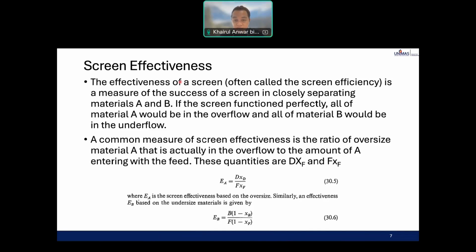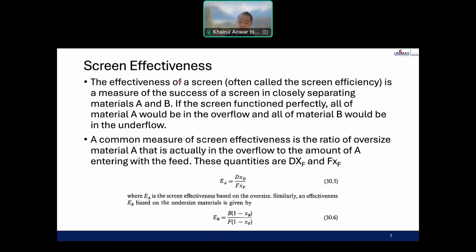We have equation 30.5, which is the screen effectiveness. This is based on the oversize. Similarly, an effectiveness EB based on the undersized material is given by 30.6.